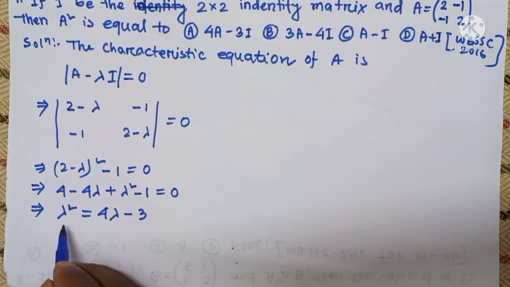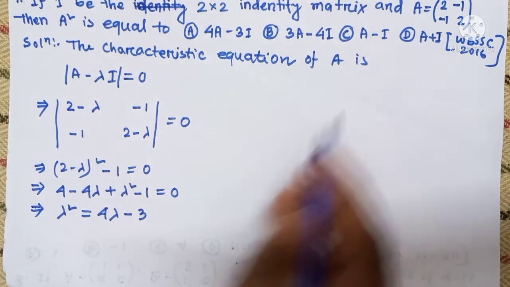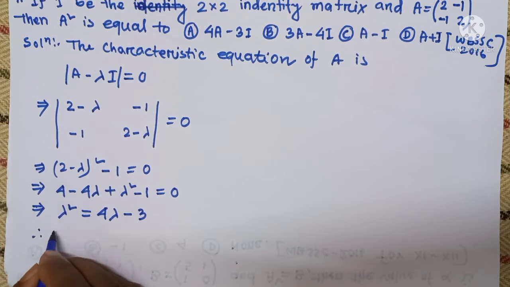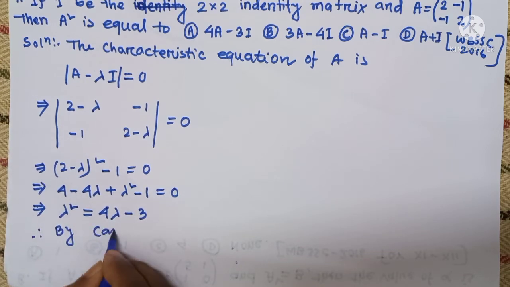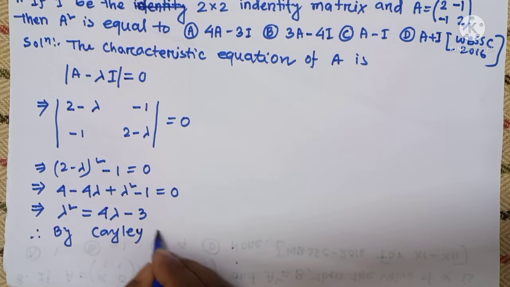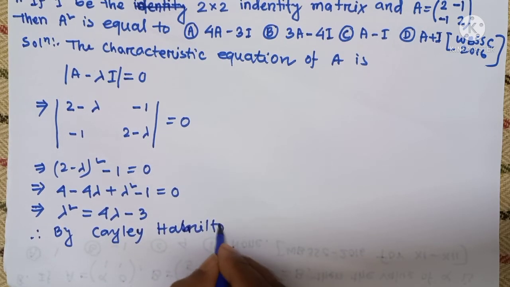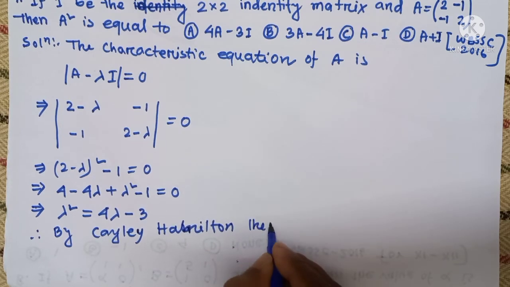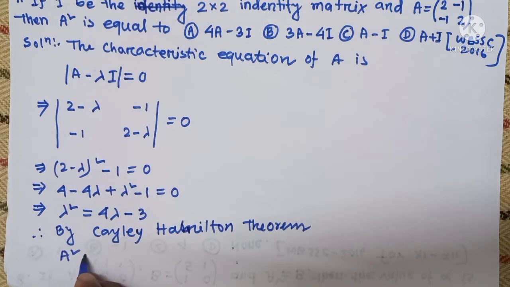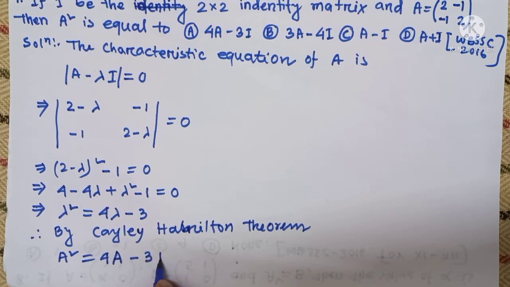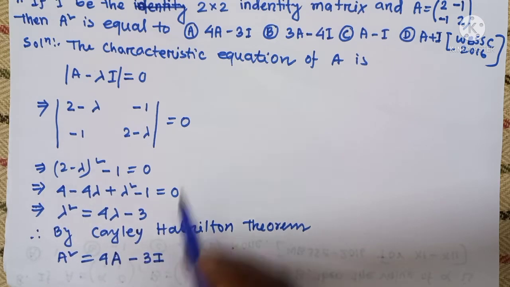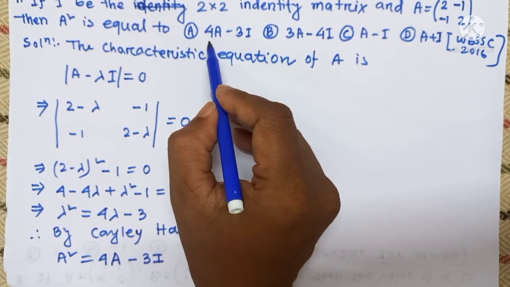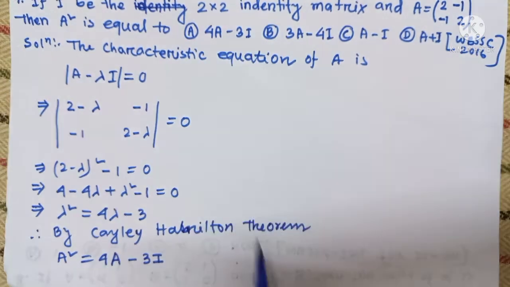So we can replace lambda by A. Therefore, by the Cayley-Hamilton theorem, A square equals 4A minus 3I. So option A, 4A minus 3I is the correct answer.